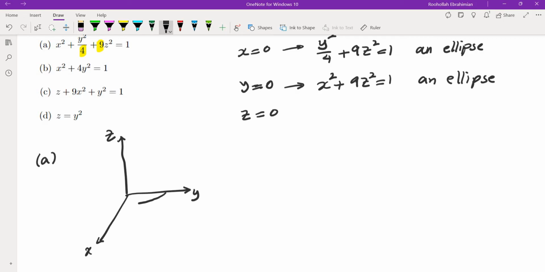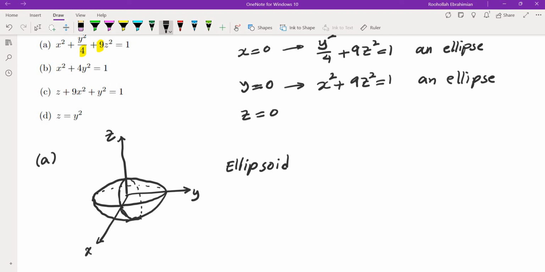We have an ellipse in this direction. We have another ellipse in the other direction. And we have an ellipse in this direction. So putting these together, it's sort of like a sphere, but it has been stretched in different directions. And this is called an ellipsoid. So the name of this shape is an ellipsoid.